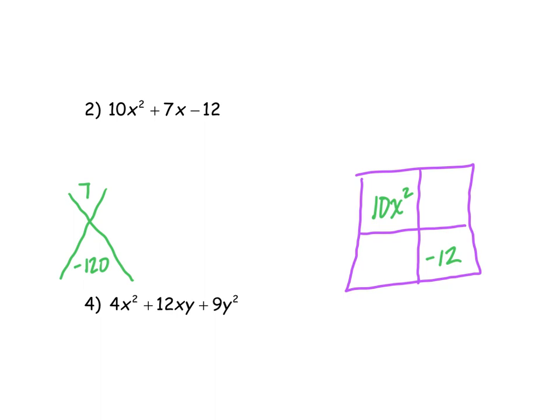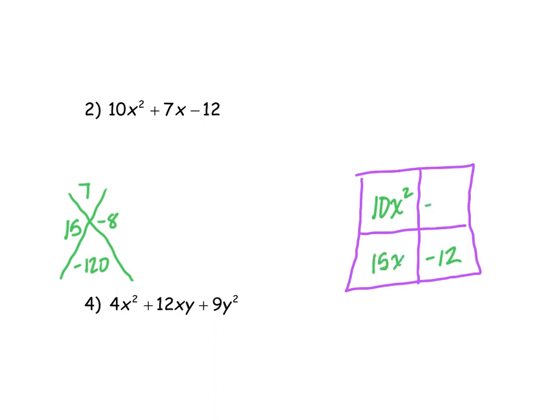No. 20 and 6 is not 7. 120 divided by 13, 14, oh, 15 and 8. That's right. 15 and negative 8.